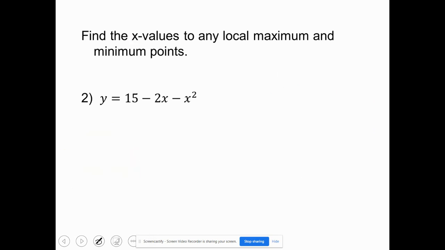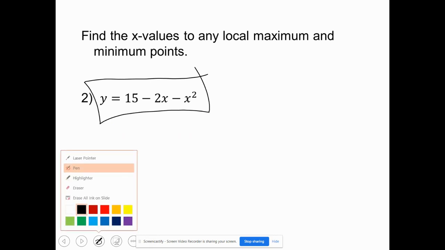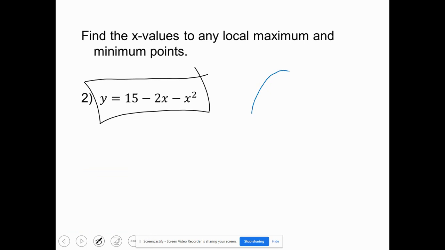I'm going to erase this. If I had said, graph that equation for me, I think you would all agree it's an upside down parabola. It should look something like that, and there's definitely a maximum point. The key would be to find that maximum point. Oh, and you've already done this, right? Because the maximum point is the vertex. And don't we have a formula that says x equals -b over 2a? That would help us to find that.